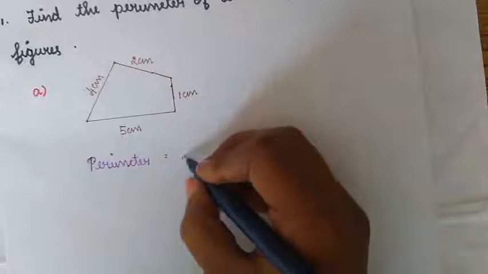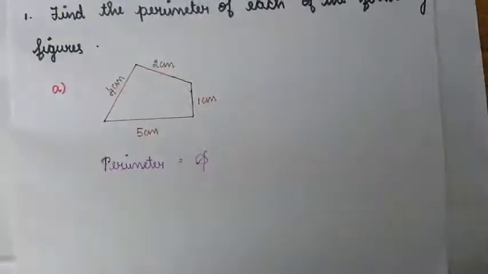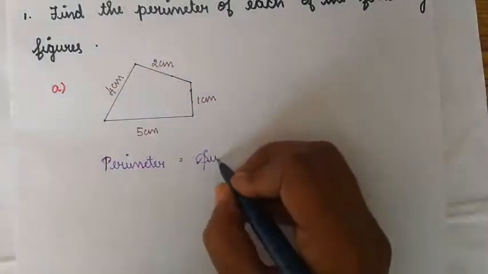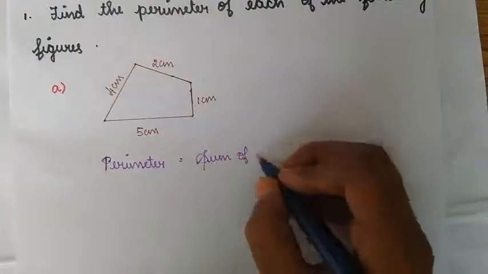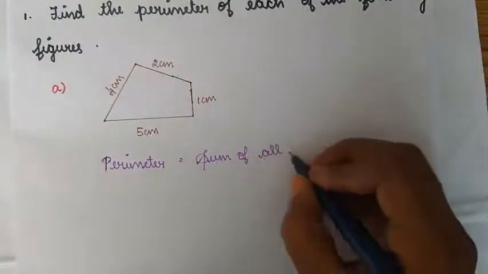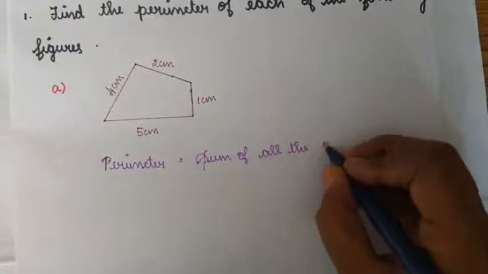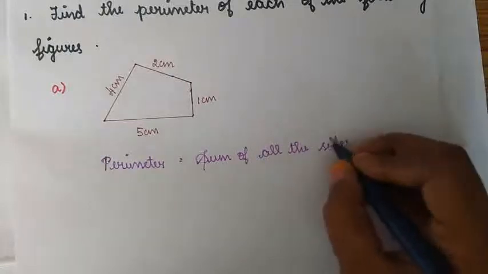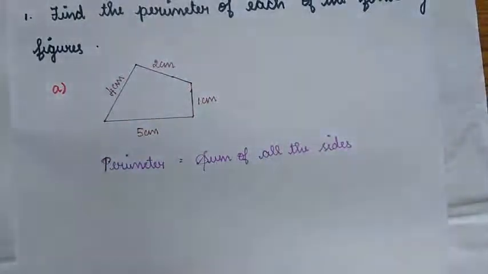Perimeter equal to sum of all these sides. We have to add all the 4 sides.